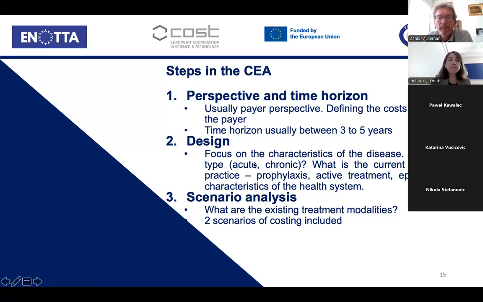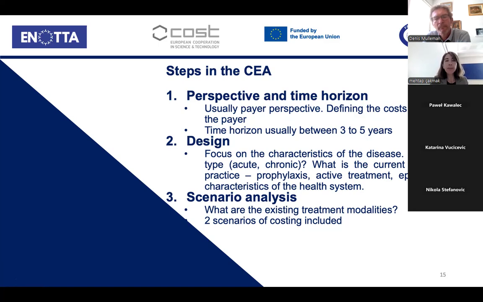And as you see, perspective and time horizon: we should generally use the payer perspective, because if we should conclude with reimbursement decisions, the payer perspective is okay.